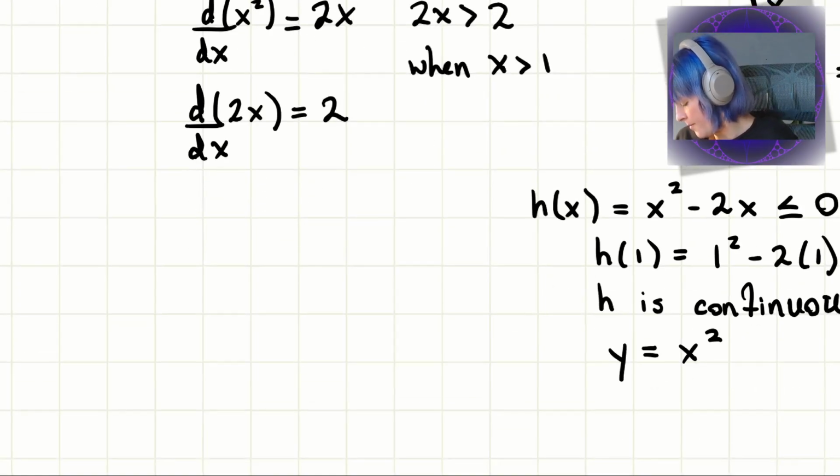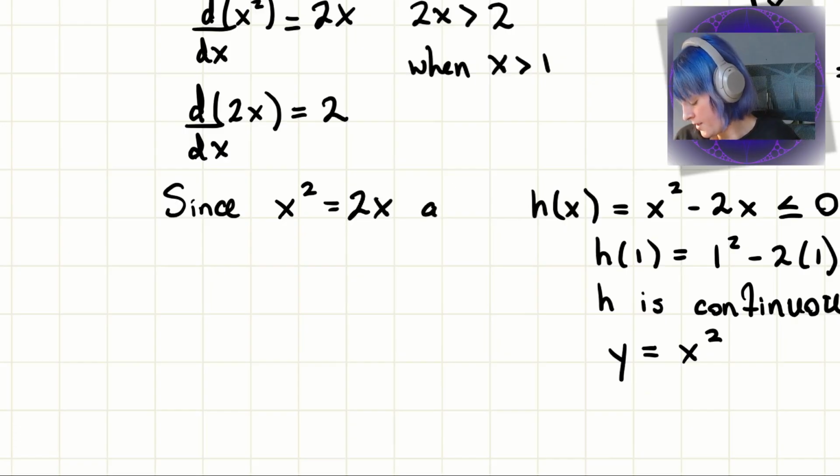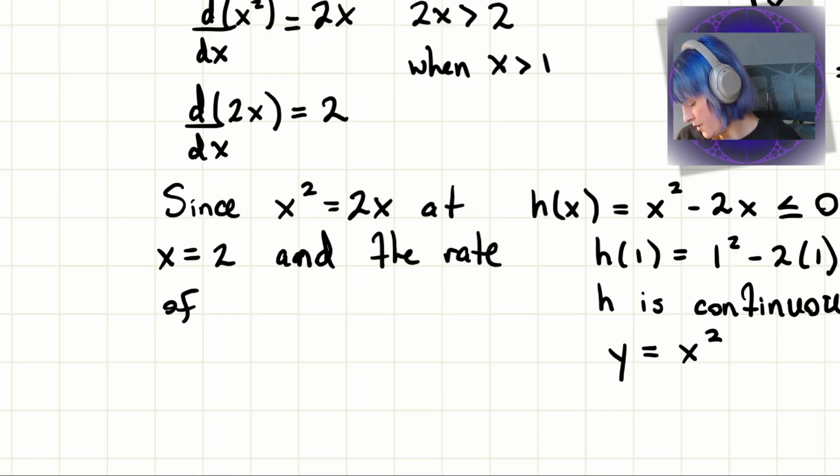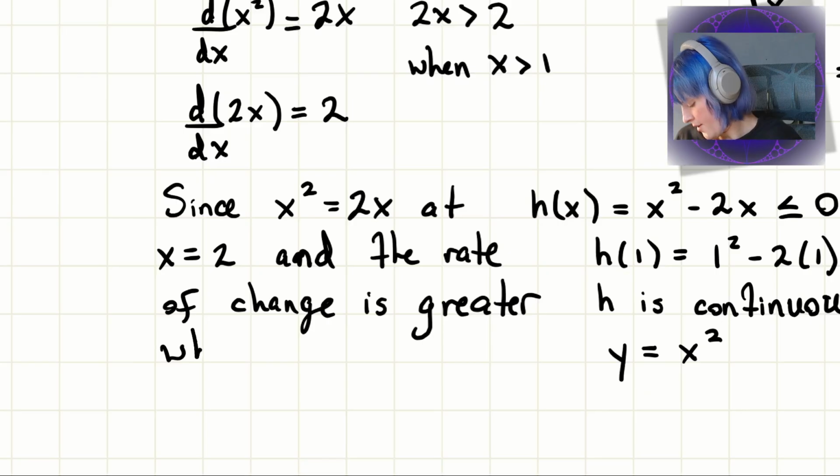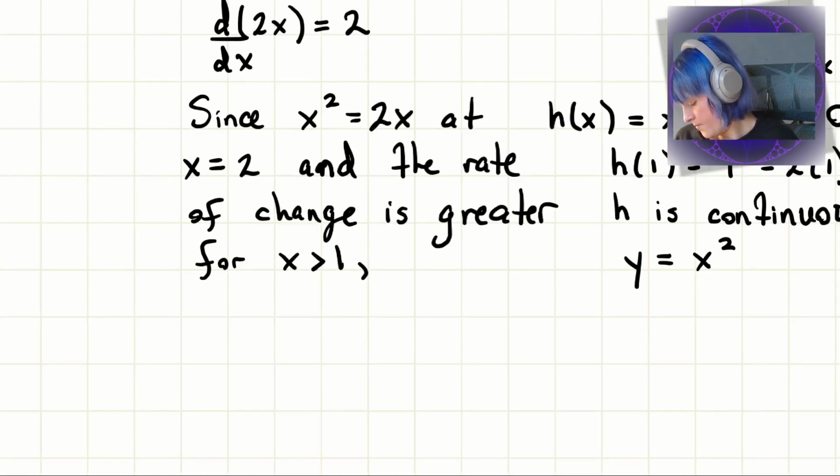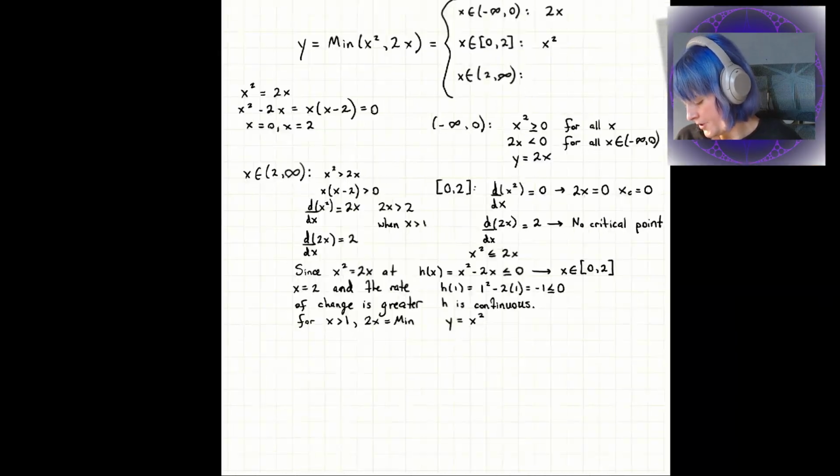I'd probably say something like: since x squared is equal to 2x at x equals 2, and the rate of change is greater for all x greater than 1, you could just say 2x equals the minimum. So something like that, just to justify.